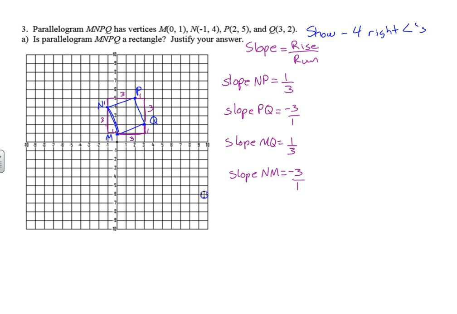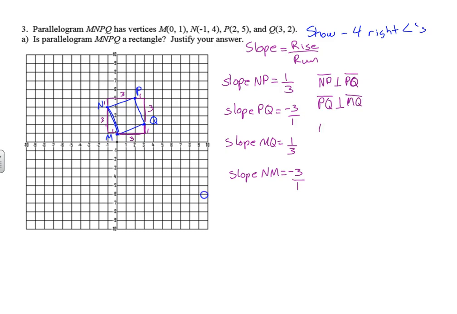Okay, so we can now say, and the reason is all going to be the same, so we can kind of shortcut this. So NP is perpendicular to PQ. PQ is perpendicular to MQ.